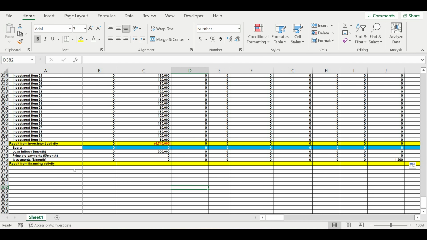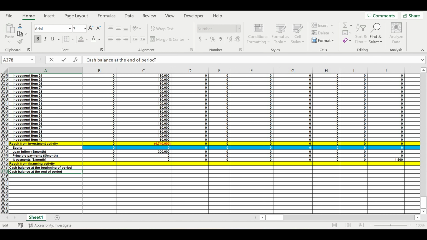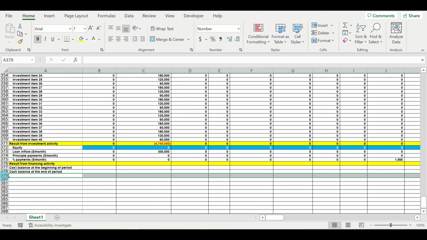Then we are creating the line called cash balance at the beginning of the period, and cash balance at the end of period. This will be the end of cash flow statement.